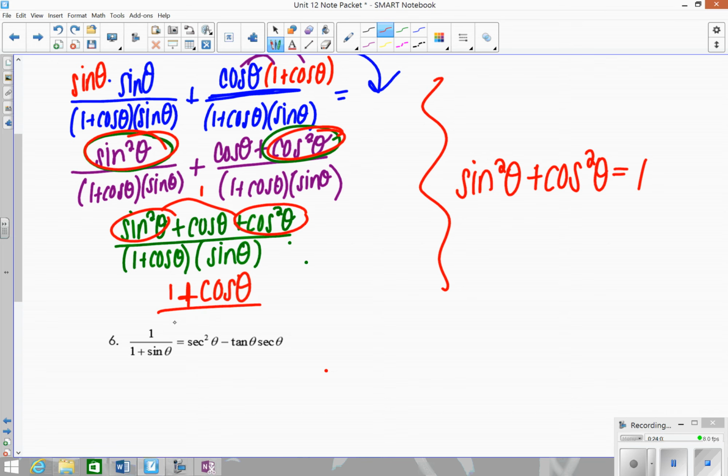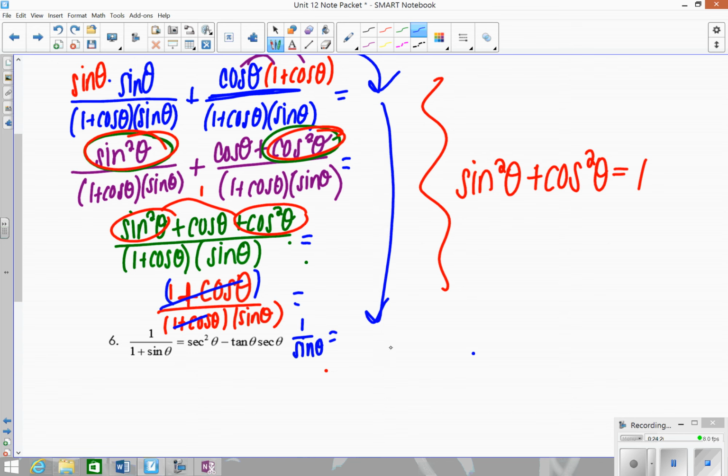So then on the bottom we have 1 plus cosine theta times sine theta. Since this is the entire numerator, we can cancel that with this, and we're left with 1 over sine theta. Remember, I can keep carrying that down.